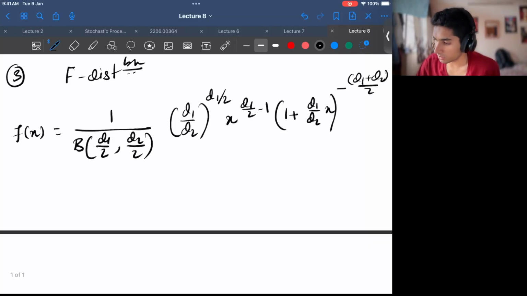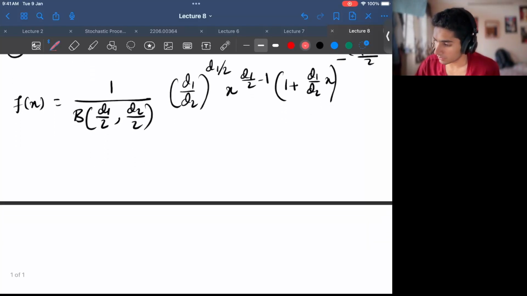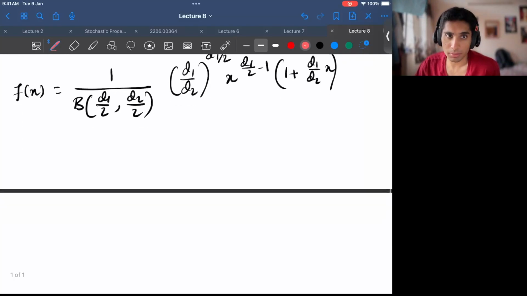This is the F distribution, and here d1 and d2 are positive integers.